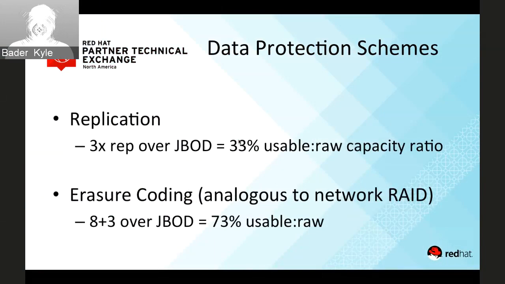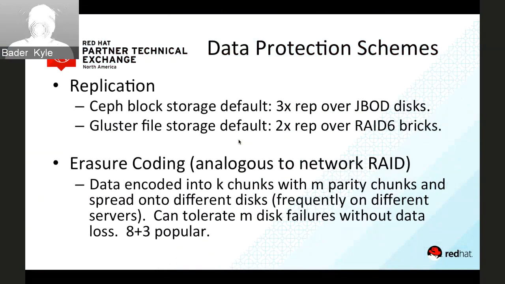In the case of block storage, for example, replication is the only mode that is supported, and that's because since a block device is striped across many objects, sometimes segments of that block storage will need to be updated, and that requires that an object be mutable. In the case of erasure coding, objects are immutable, and so you can't have block storage directly on top of erasure coding.